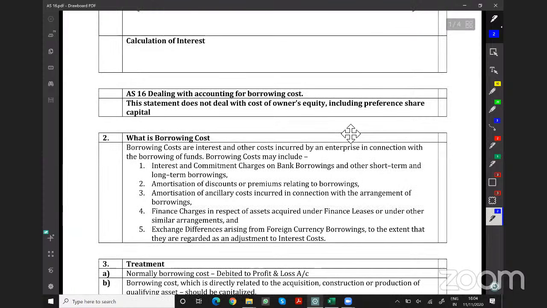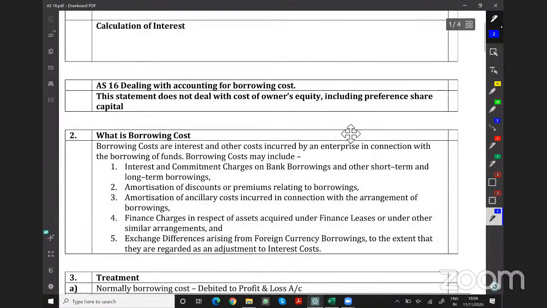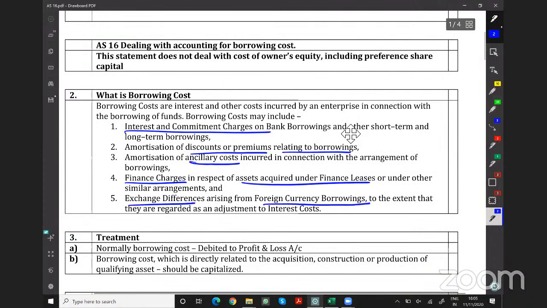Amortization of discount or premium on related borrowing, as debentures are issued at discount or issued at premium. Amortization of ancillary cost, loan processing fees, financial charges in respect of asset acquired under the financial lease, exchange difference arising from the foreign currency borrowing to the extent that they are regarded as adjustment to the interest cost.